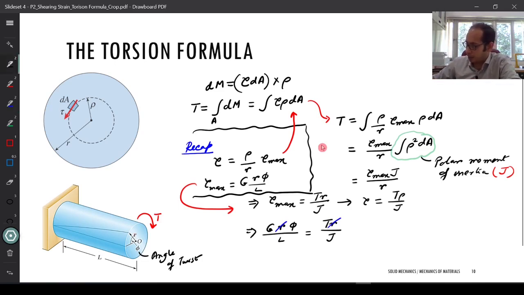So if I again rearrange this one, what I get is phi equals T times L divided by J times G.